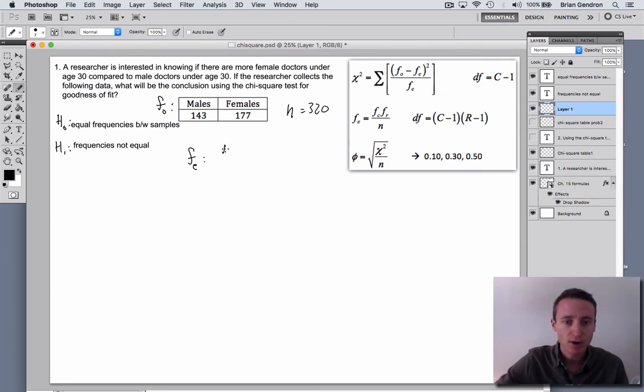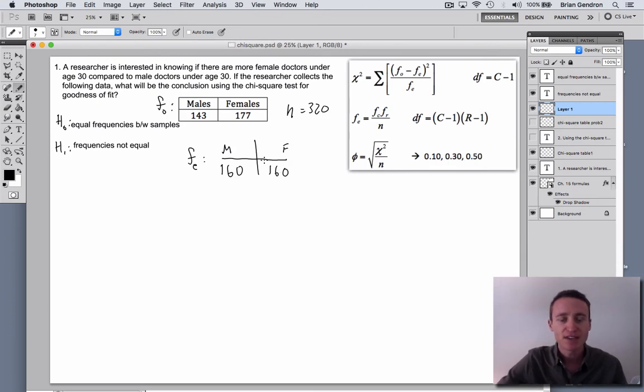And I'm going to create this table right now. So we have the males, the females. Now these are the expected frequencies if the null hypothesis were true, which says equal frequencies between samples. So that means that if I had 320 people in my sample and there are no differences between how many males and females there are, you would expect 160 in each group.